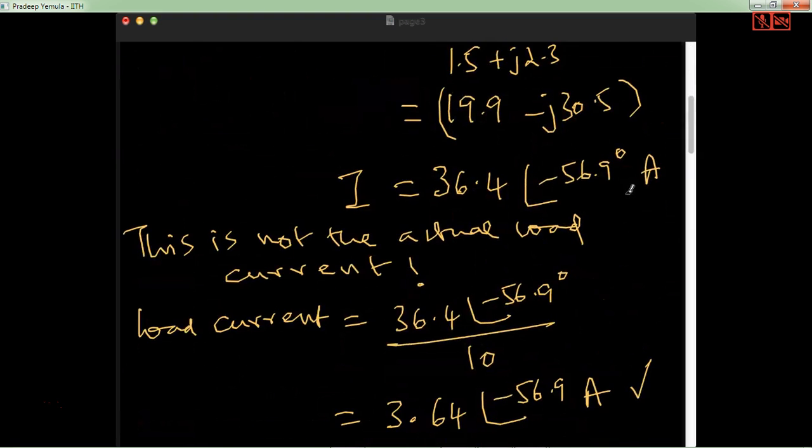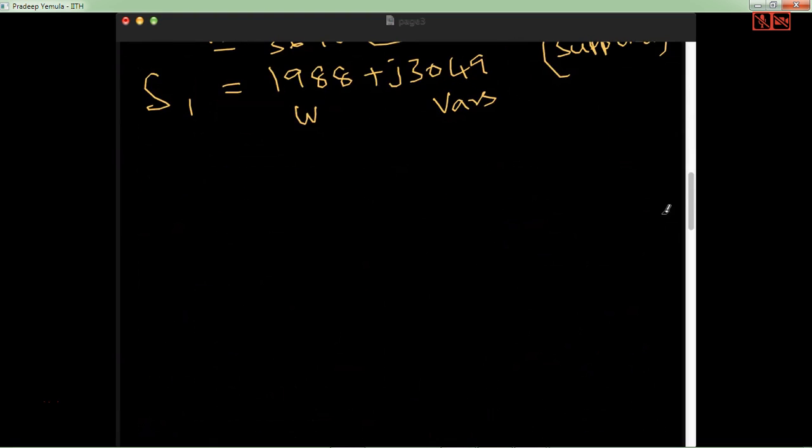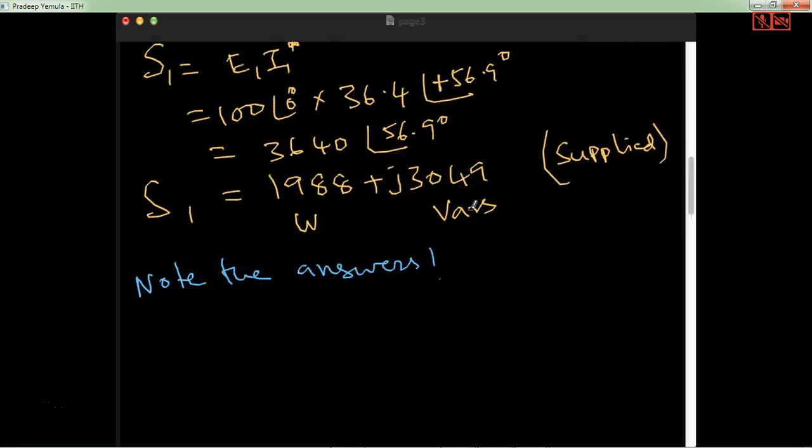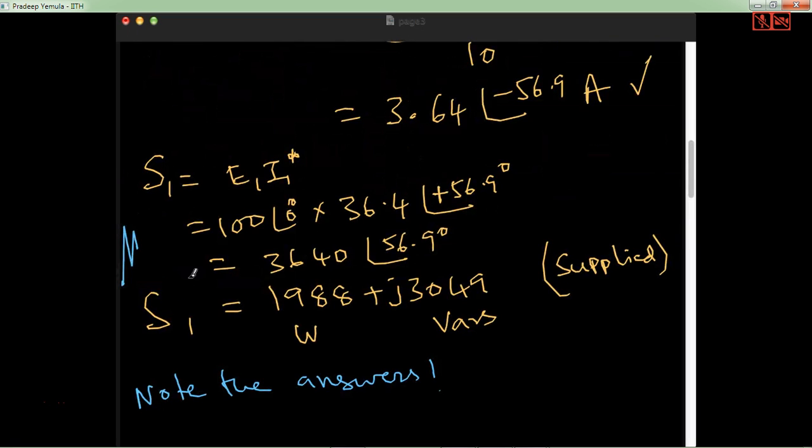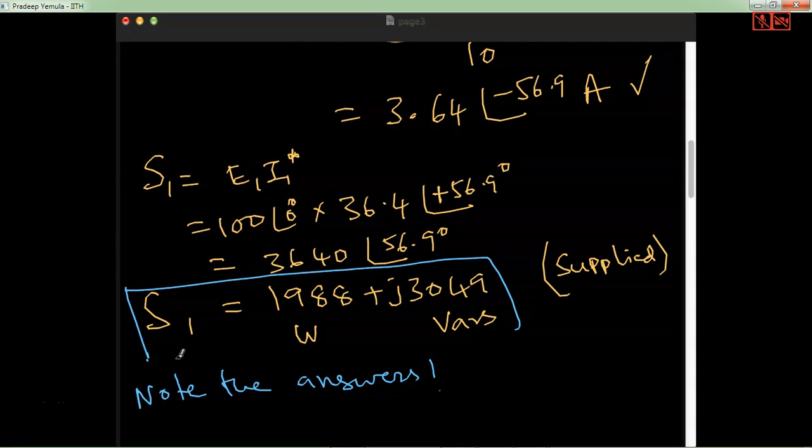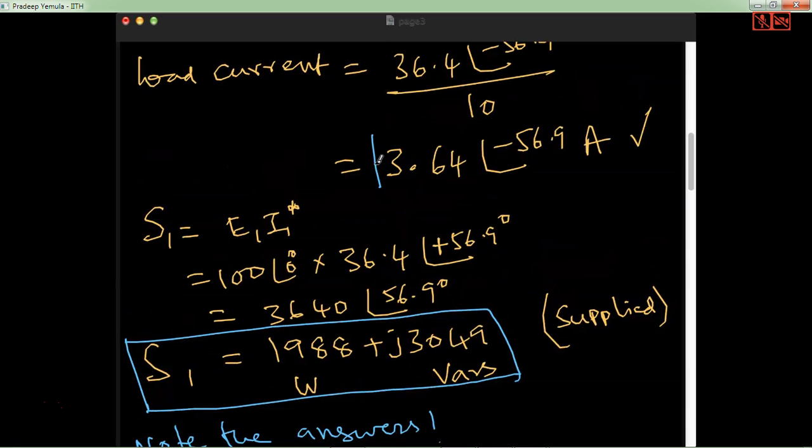So this time now I will solve with per unit. So note the answers. This is the answer, and this is the answer, current in the load.